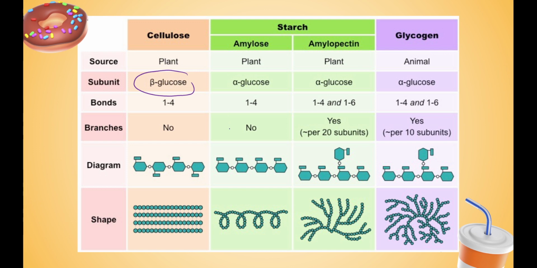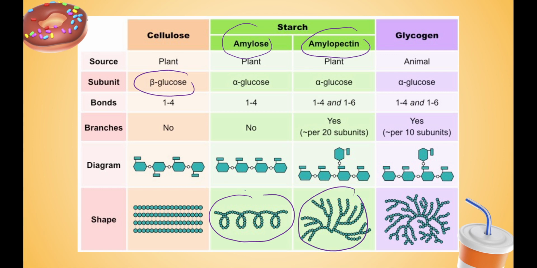Now, for starch, there are actually two types: amylose and amylopectin. One thing that differentiates amylose and amylopectin is their structure, wherein your amylose is just a linear molecule, while amylopectin is branching, as you can see here. So, our problem now is differentiating amylopectin from your glycogen, because they have the same subunit, alpha glucose, and both are branching.